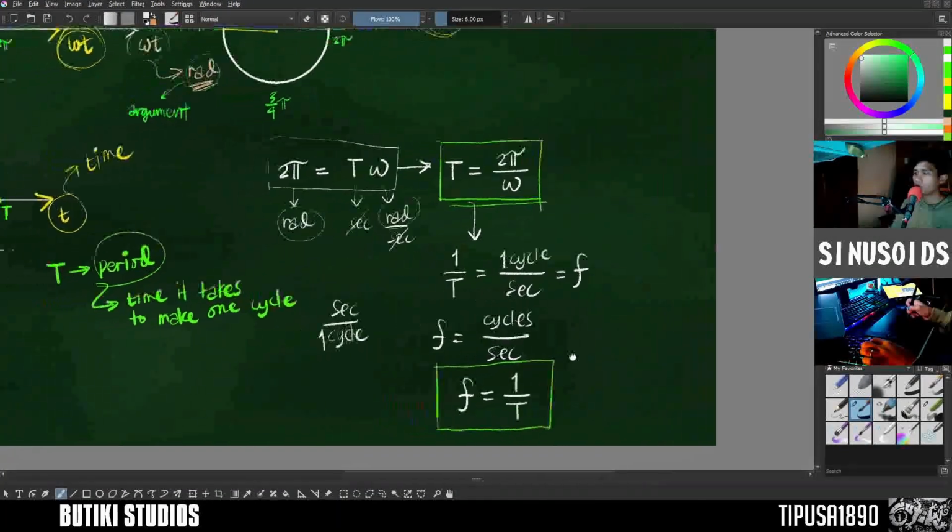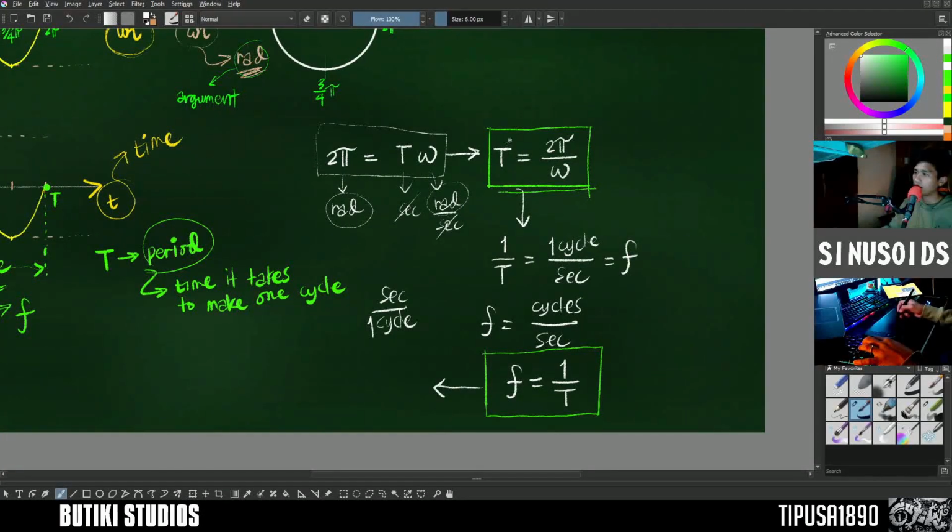And continuing with this, the relationship among T, f, and omega. You have seen here that the reciprocal of our T is 1 over f, right? Our T is basically equal to 1 over f. So if we continue with that formula, T is 2 pi over omega, which is equal to 1 over f. So we can say that 1 over f is equal to 2 pi over omega.